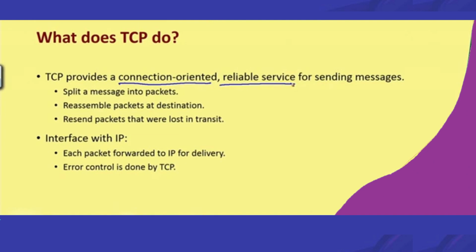IP may receive the packets out of order. So, now it will be the responsibility of the TCP layer to order the packets in the correct order and then forward it to the application. So that the application will feel that, well, everything is fine, the packets are coming in the same order, but it is TCP which is ensuring that.